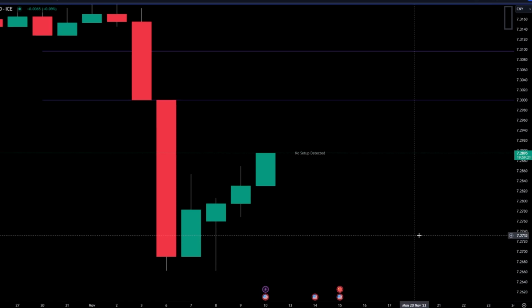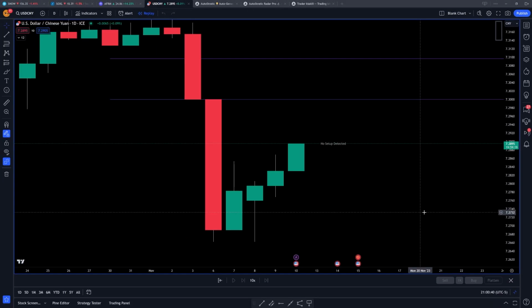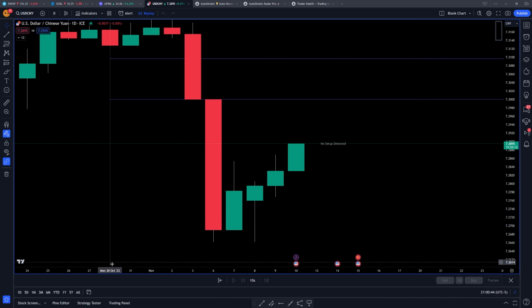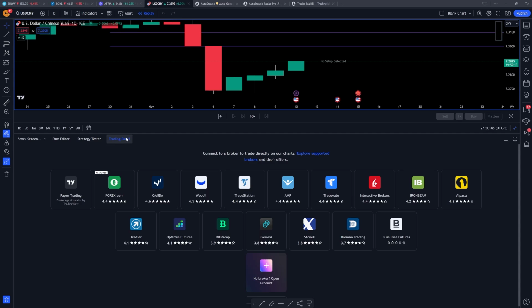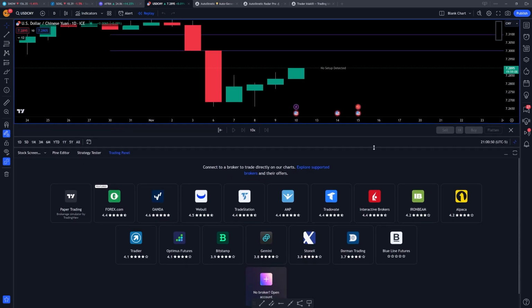I'm going to speak very quickly just to give some stuff to look forward to in the future. One thing that you may or may not be aware of on TradingView is that you can connect a broker to TradingView. Lots of people use some of these like Gemini, Forex.com.